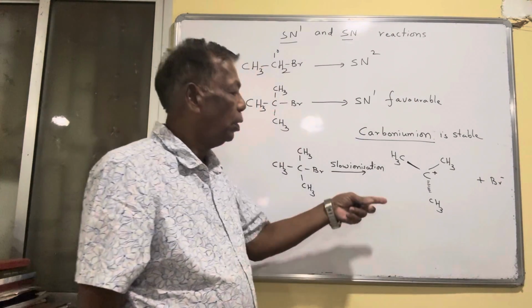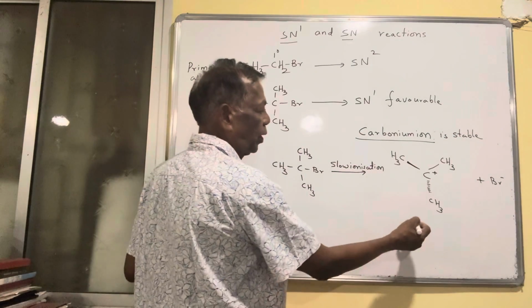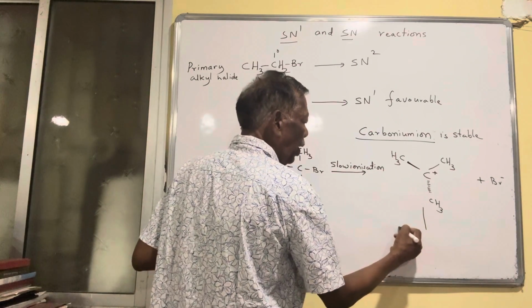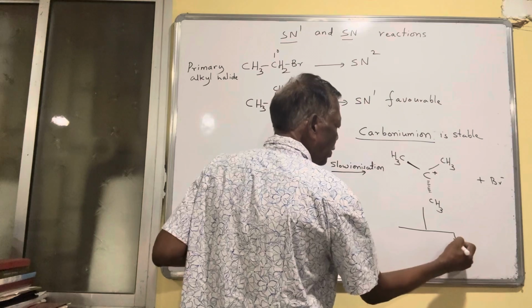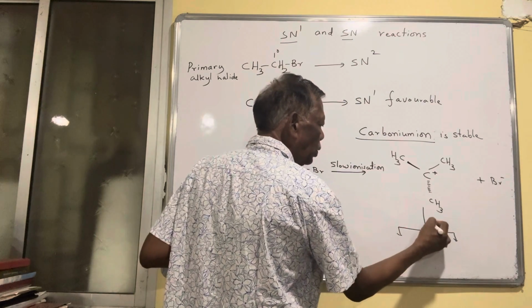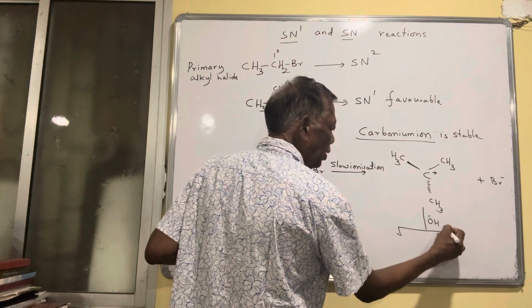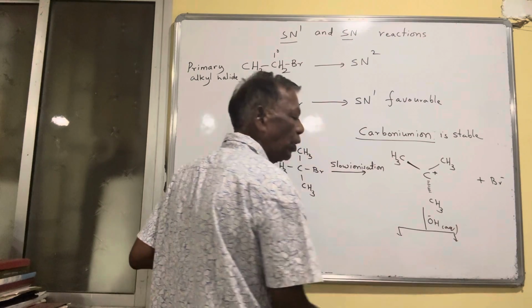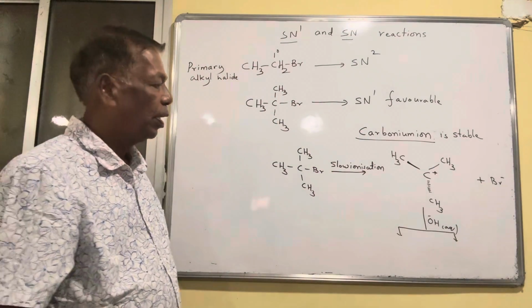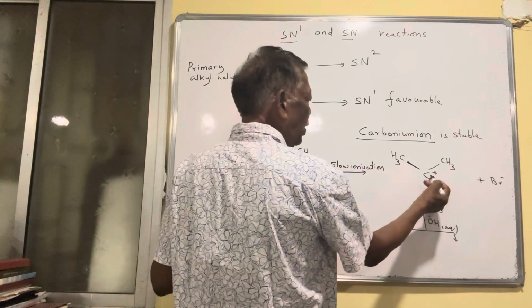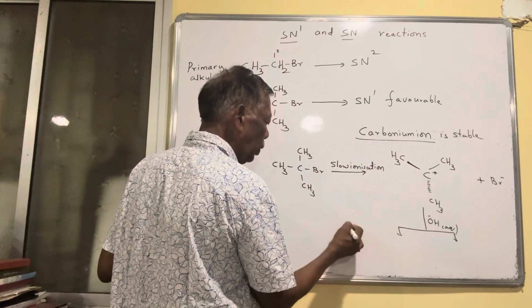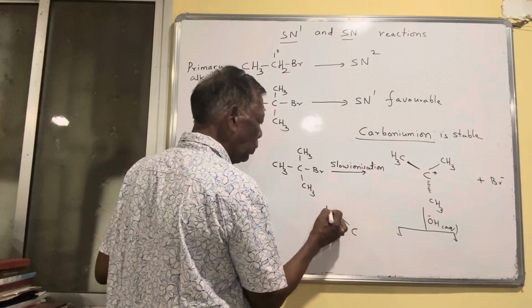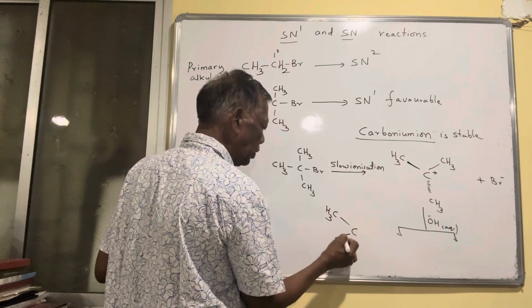Now what happened? The nucleophile will add here in two ways. One is OH minus, suppose I take here the nucleophile OH minus, aqueous. Then this nucleophile can add to this carbonium ion in two ways. One will be like this. Just understand this.